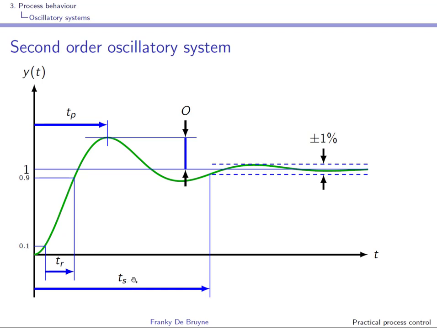The settling time is the time that is needed for PV to settle in a band of plus minus 1% around the steady state value of PV. The overshoot is shown over here. It's the peak value of PV minus the steady state value. Very often this overshoot is expressed in percent, and we speak of percentage overshoot, as a percentage of the steady state value.